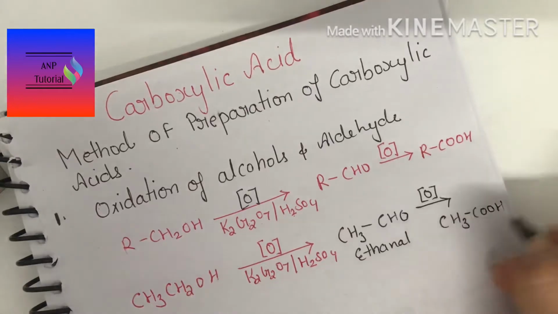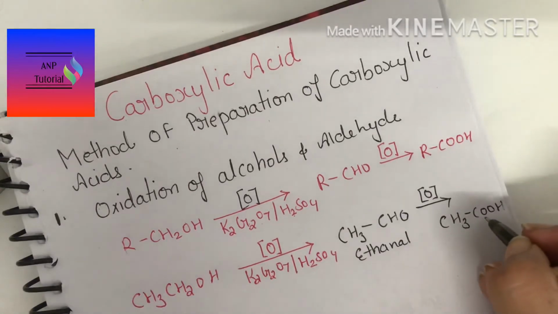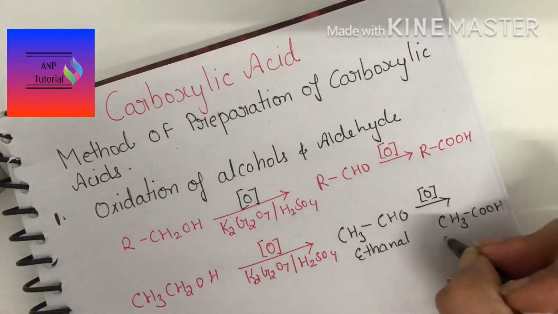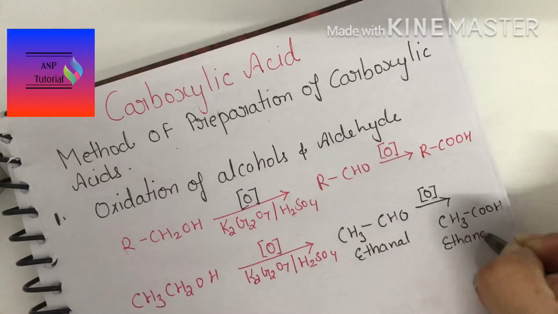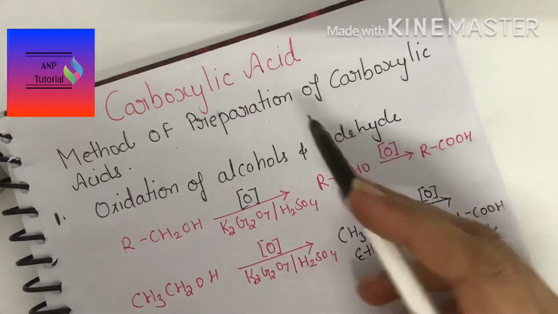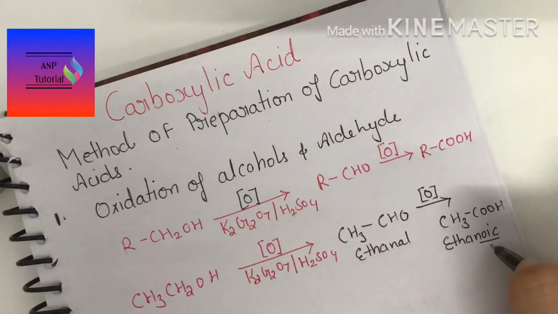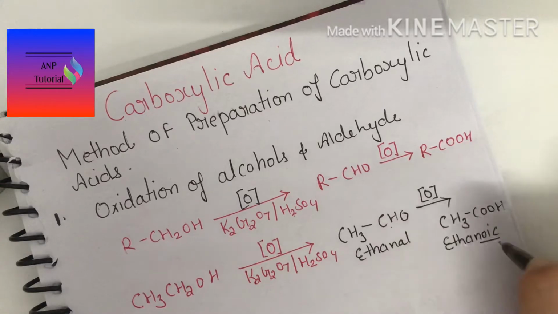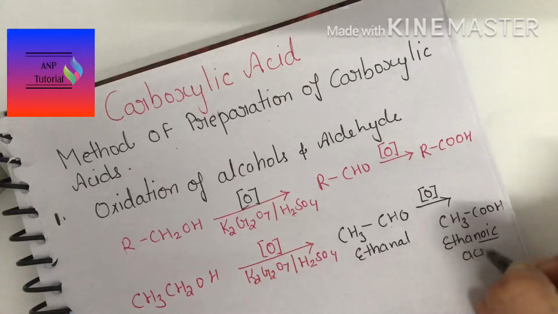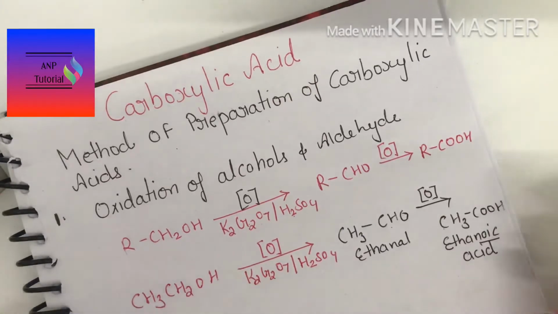CH3COOH, ethanoic acid. Ethanoic for what? 2 carbon atoms, so we say ethanoic. For the carboxylic acid group, oic is used in place of al. Al is for the aldehyde, oic for the carboxylic group. It is ethanoic acid.